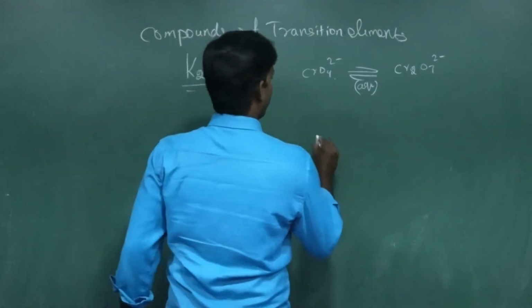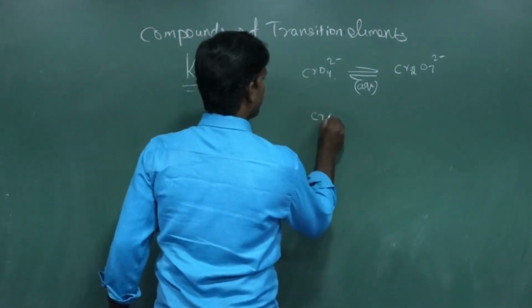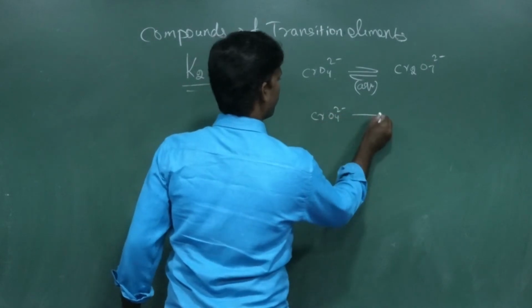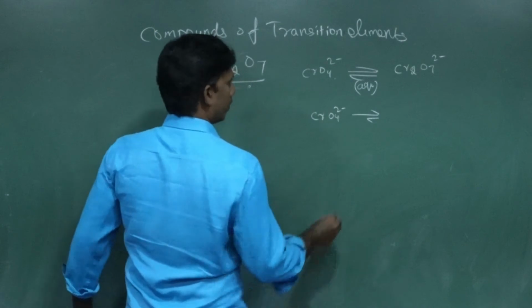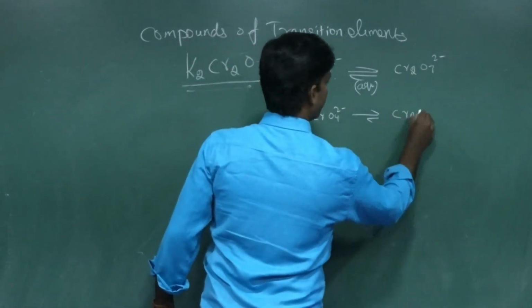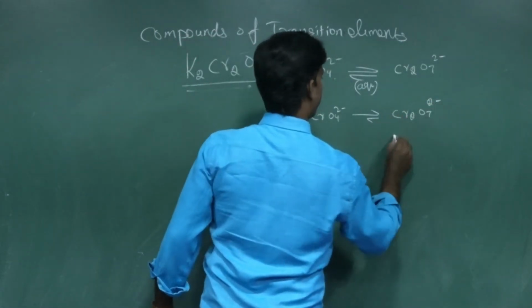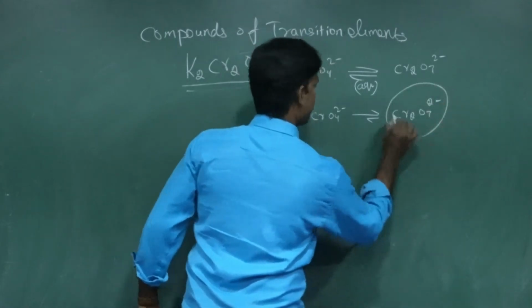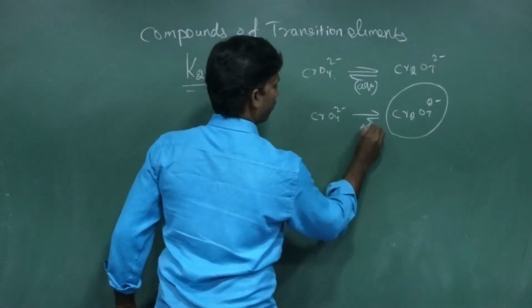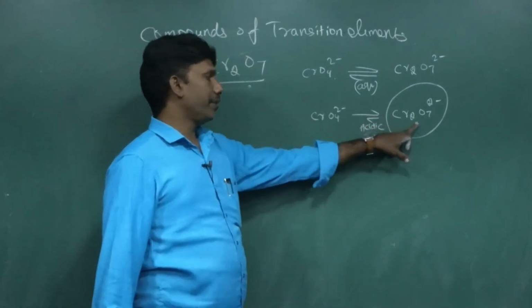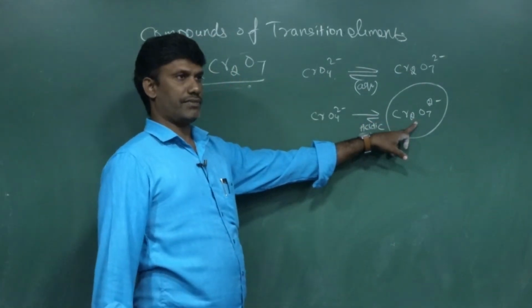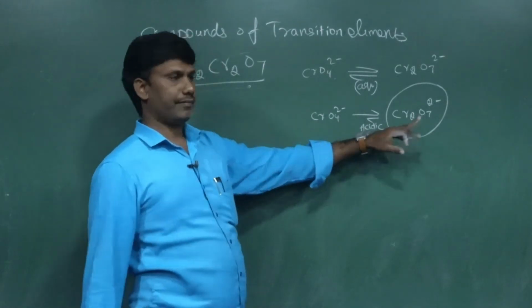In acidic medium, dichromate ion is predominant. That means in acidic medium there are more chances for the existence of dichromate ion.